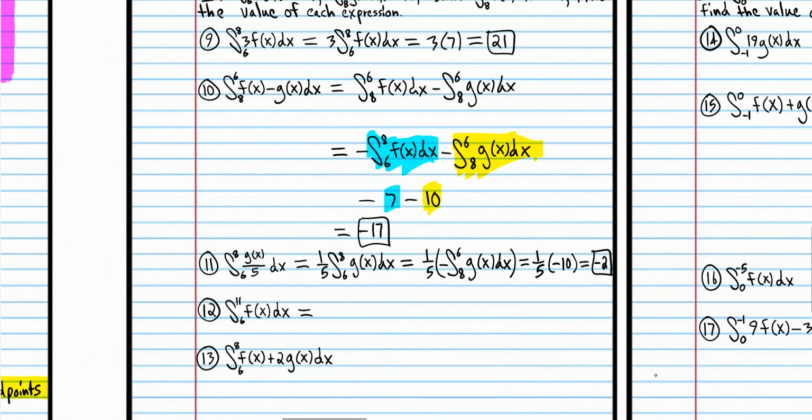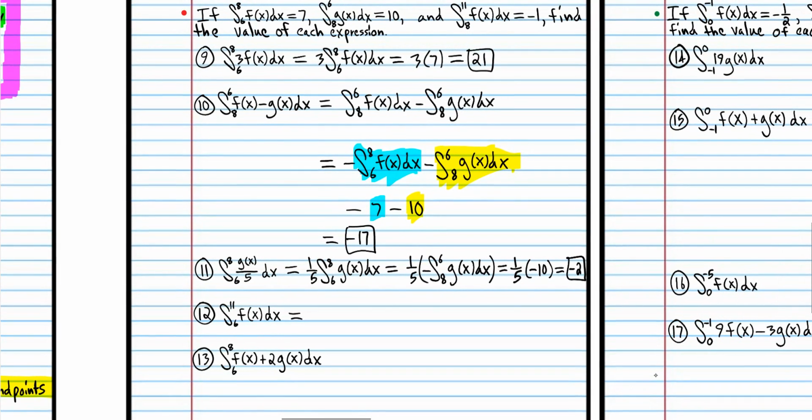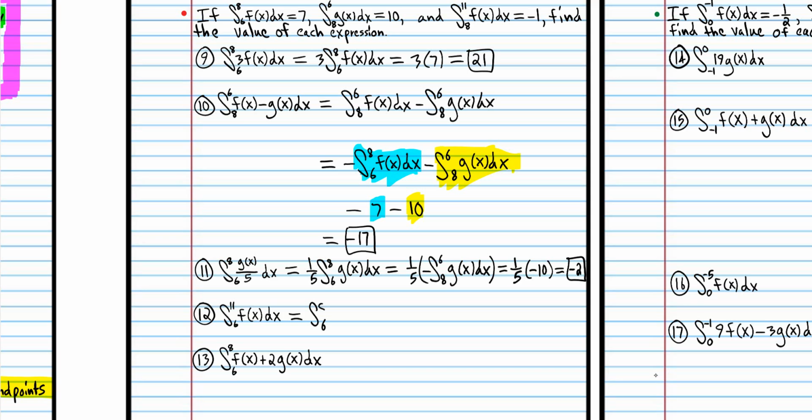That tells us if we want to find that integral, we can integrate from 6 to 8 and then add the integral from 8 to 11. And that equals the integral from 6 to 11. So from 6 to 8, that value is going to be 7. And from 8 to 11, that value is going to be -1. And so we get 6.